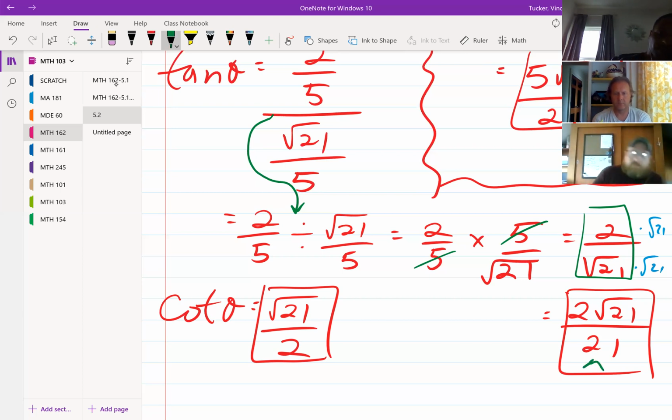If I were to flip this one, then that will give me 21 over 2 square root of 21. Then I have to rationalize it again, and it'll take me back to that. So that's why if we just flip this one, we'll be good to go.